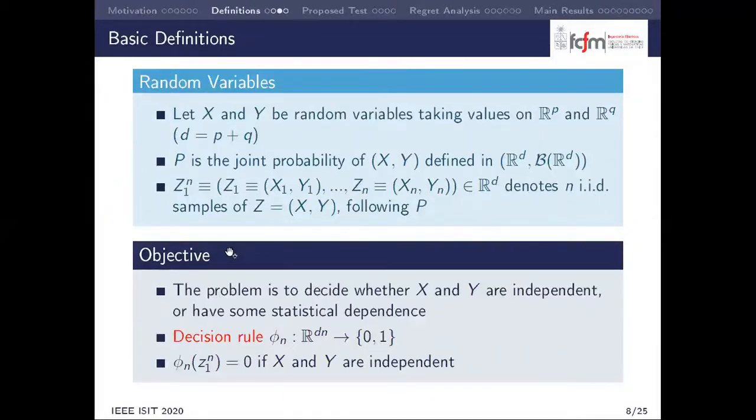So the objective is to decide whether X and Y are independent or not using these samples of Z, but without knowing the underlying distribution P. For that purpose, we will use a decision rule of length n that will take n samples of Z and will return 0 if X and Y are independent and 1 if they are not.